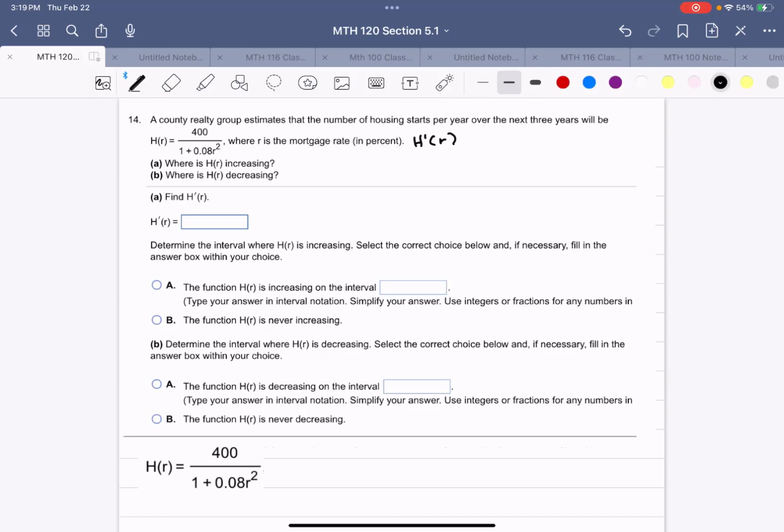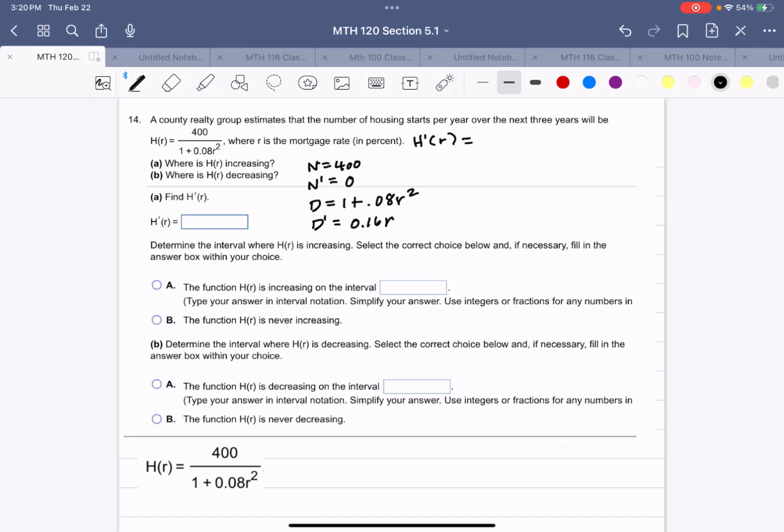I'm going to say my numerator is 400, and yes, my numerator's derivative is 0. My denominator is 1 plus 0.08 r squared, and the derivative of my denominator is 0.16 r.